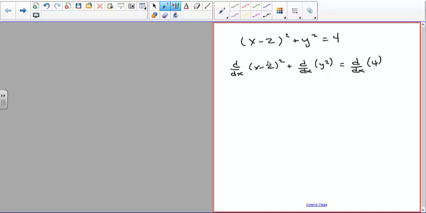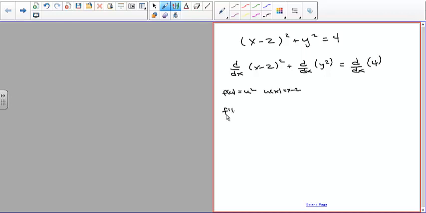So the first one we could multiply out using FOIL, but let's use the chain rule. So for the chain rule, we say f(u) = u² and u(x) = x − 2.